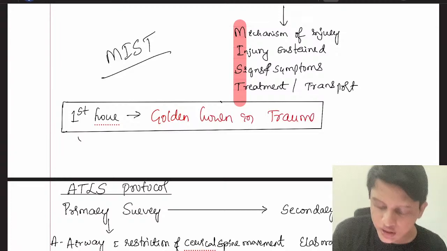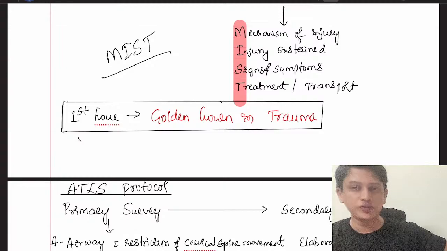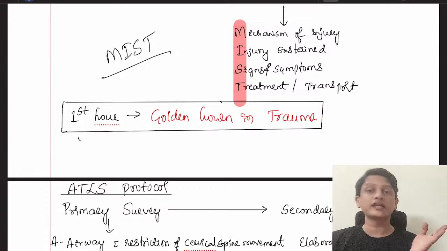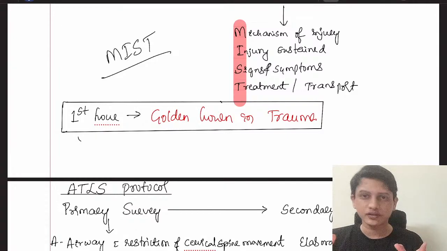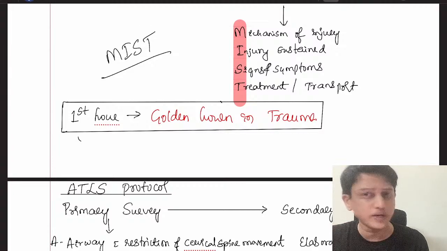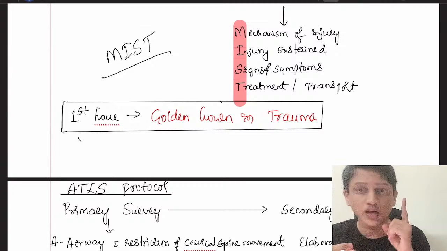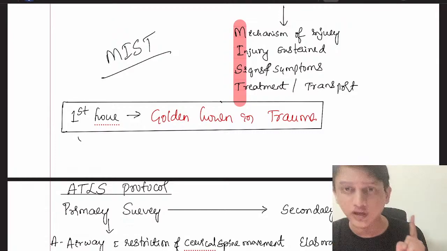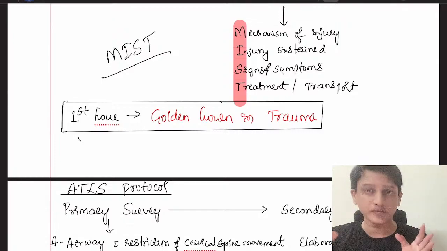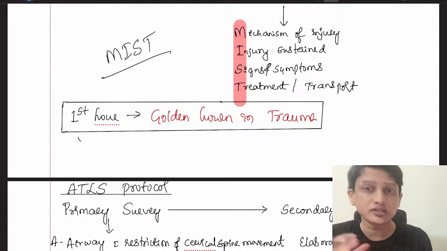As soon as he is injured, if you do the needful within 1 hour, there is a high chance that he will survive. So you can't waste time in trauma patients. Whatever is needed, you have to do at the earliest. Whatever the injury, whatever the mechanism, if you start the intervention within 1 hour, the patient has a high chance of surviving longer.